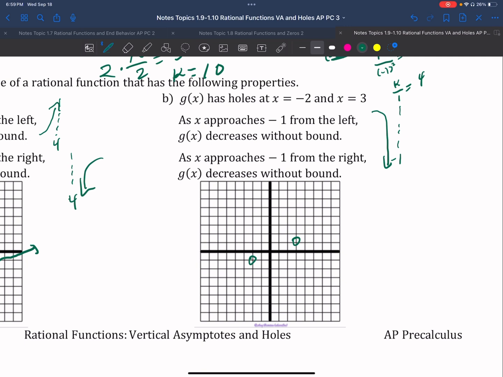And then from the right, as it approaches -1 from the right, it's also going to decrease without bound. So I'm going to go to -1, and I'm going to put my asymptote there. And then again, I know that both of these will go down as I approach it from both sides. So this would be an example of what the graph would look like.